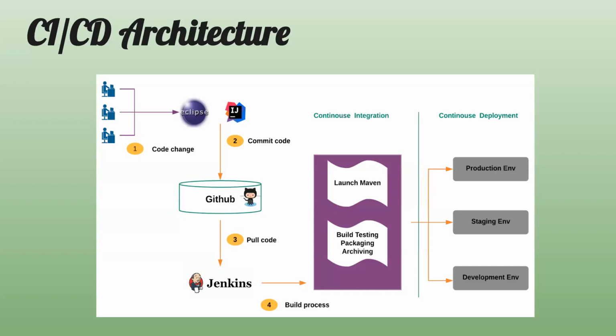So when a developer commits code to GitHub, the code is pulled by the build tool, it builds the code, and it deploys to the development environment. Once all the testing passes in the development environment, that deployment artifact will be moved to the staging environment.